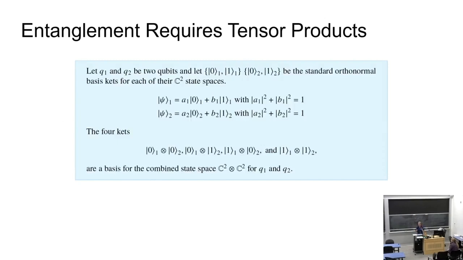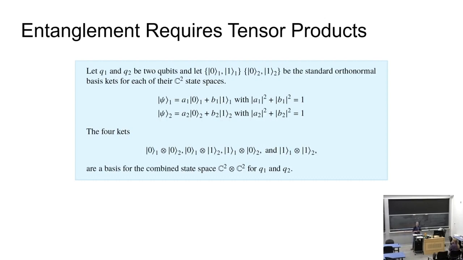All right. So here we go. Let Q1 and Q2 be our 2 qubits in the standard orthonormal basis kets for our state spaces as normal. So we have psi 1 is a1|0₁⟩ plus b1|1₁⟩ with our probability amplitudes normalized, and psi 2 described in just the same way with different probability amplitudes a2 and b2.